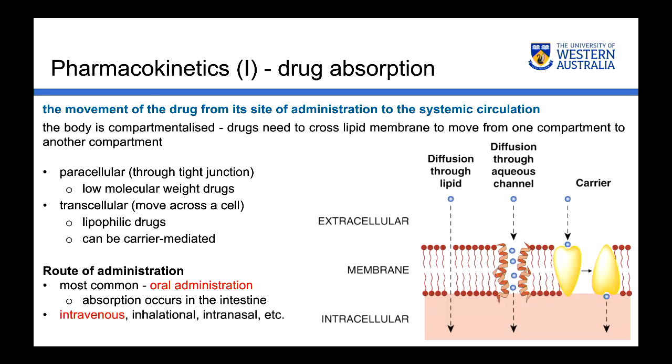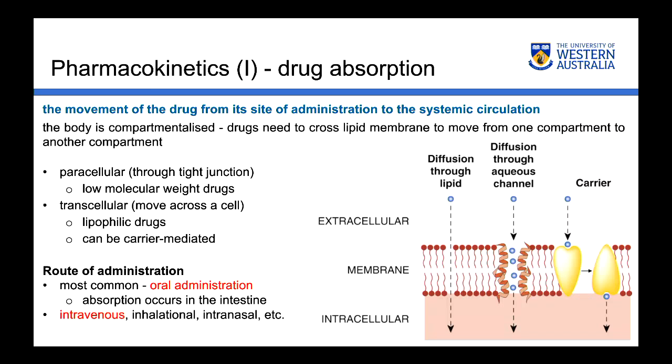So if a drug moves from one compartment to another, they need to cross cell membranes, which are essentially lipid membranes. So that's very important for you to keep in mind. Later, when we look at different processes, particularly distribution and excretion, the same principle applies. The drugs need to move in order to undergo those processes.